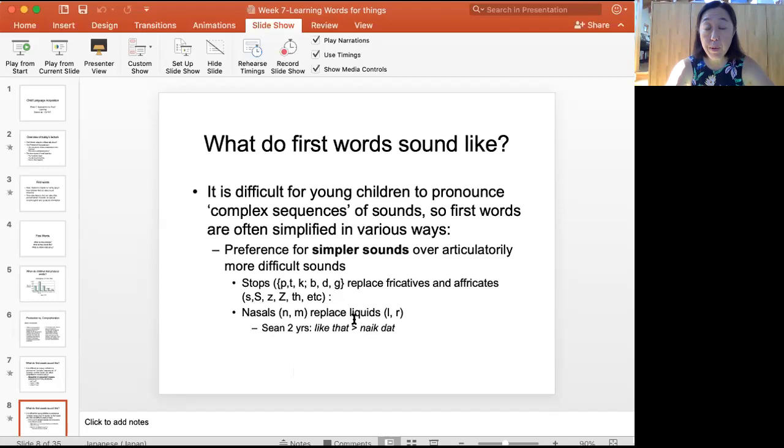They replace liquid sounds, L's and R's, with nasals. And N and M are quite easy to pronounce for babies because they practice very early on. Then let's go back to the example.